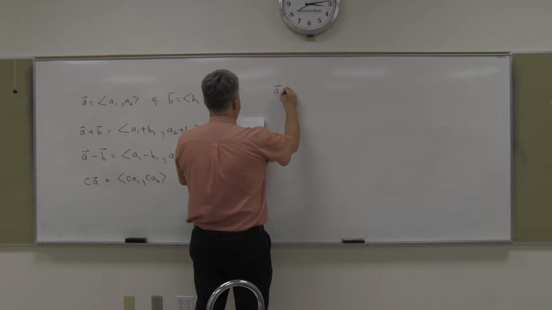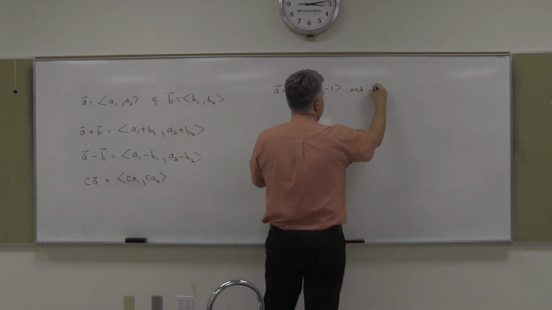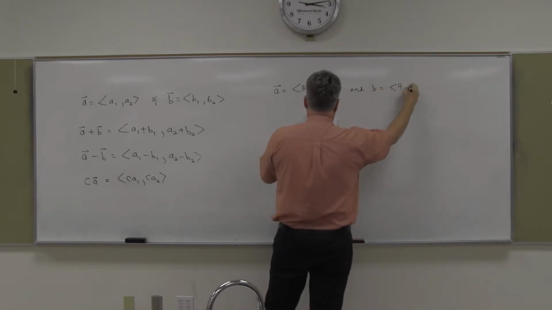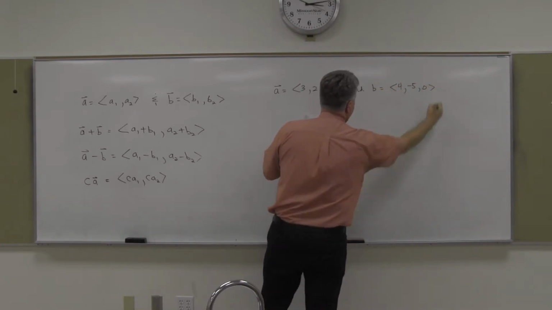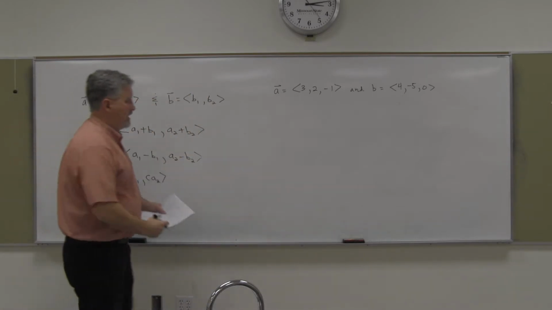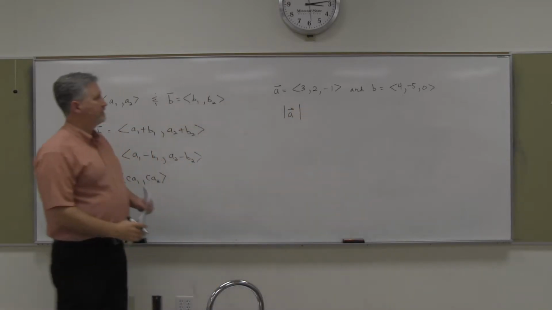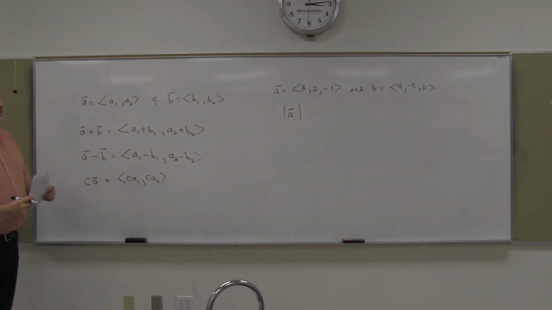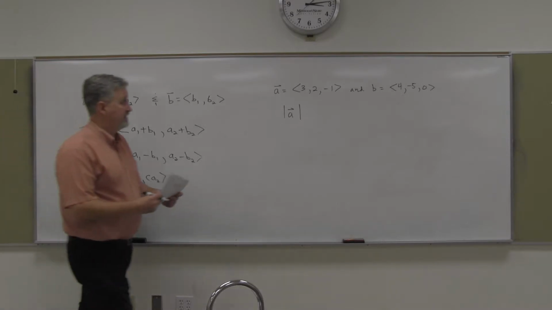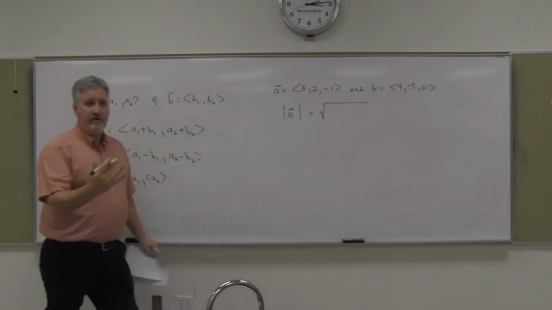All right, let's do a couple of quick calculations. We've got A is 3, 2, -1, and B is 4, -5, and 0. Let's do the magnitude of A first, the length of A. It's the square root of all the components squared.